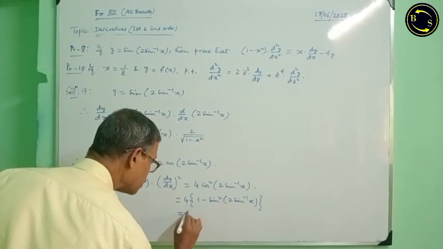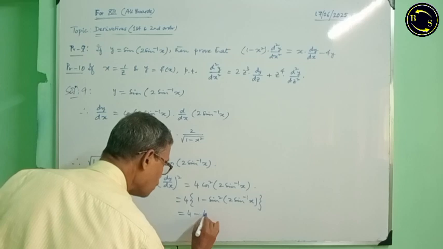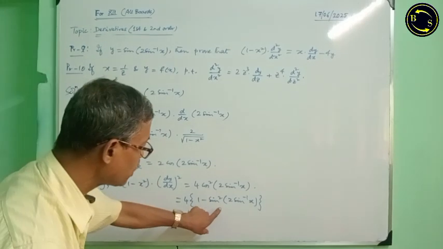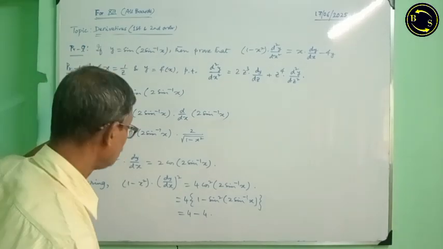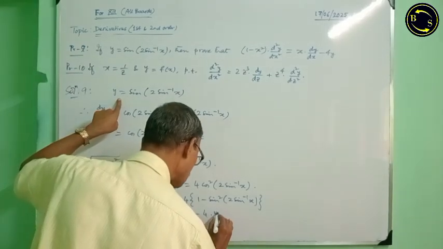Now, if we remove brackets, it will be 4 − 4 sin²(2 sin⁻¹x), which is of this form, that means it will be y².